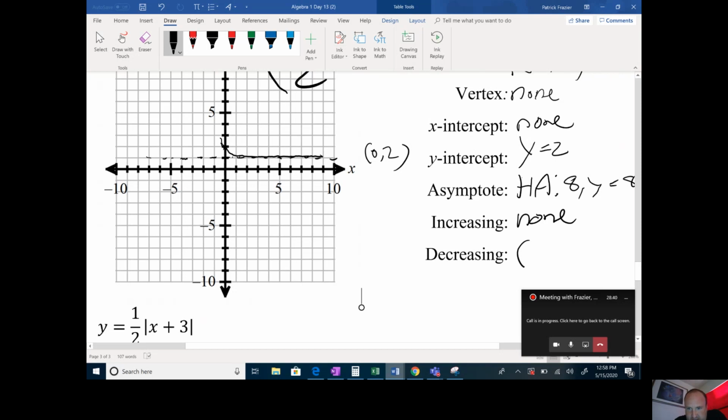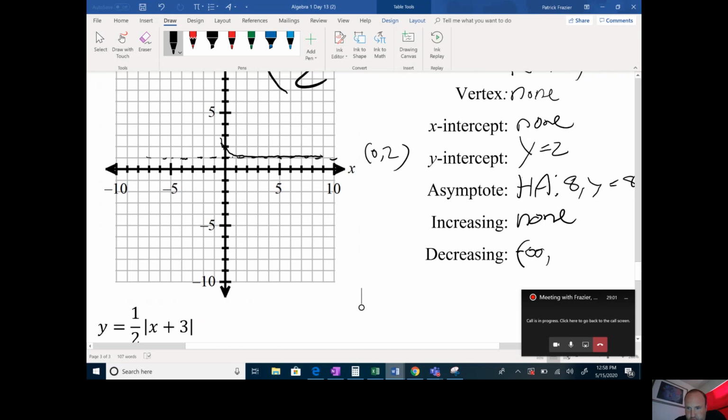For decreasing, it's decreasing as each x value goes from negative infinity to positive infinity, because the domain is all real numbers.